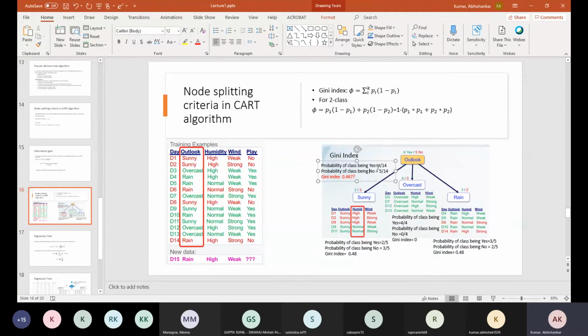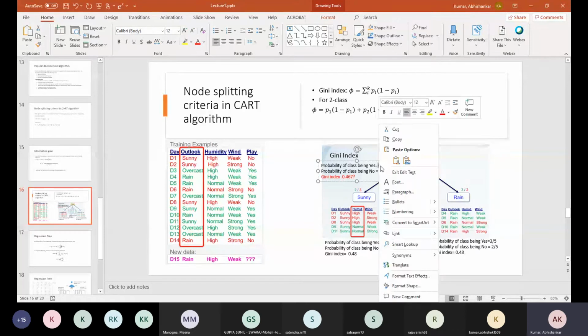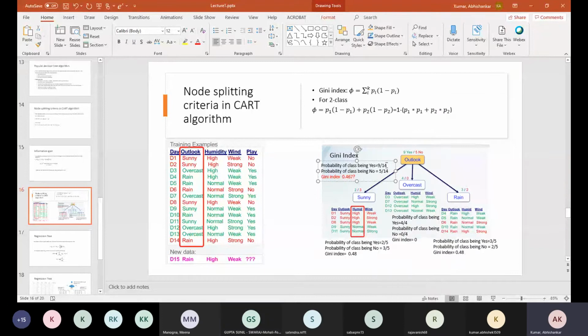The probability of class being yes is 9/14. Basically event divided by total. So 9 by 14 for yes, 5 by 14 for no. Then we calculate the Gini index.